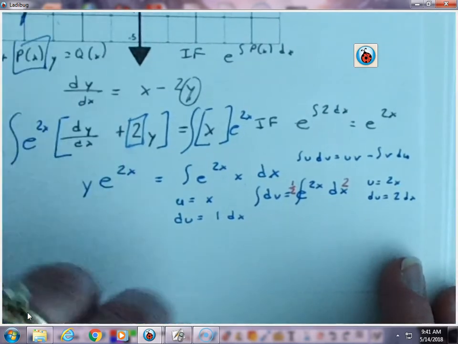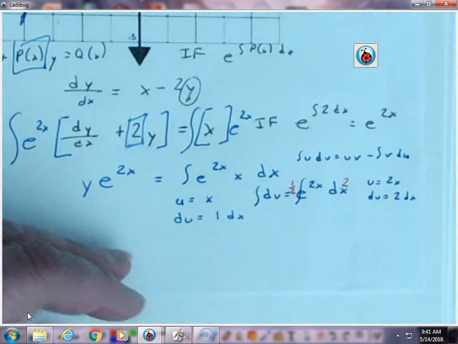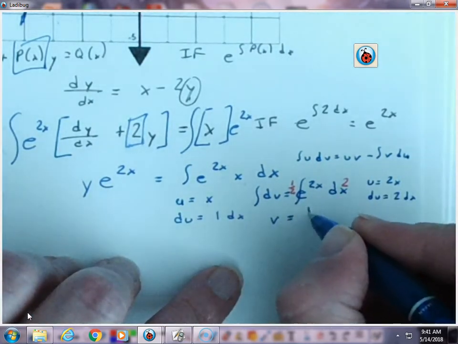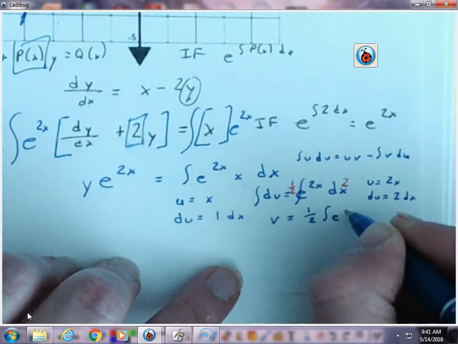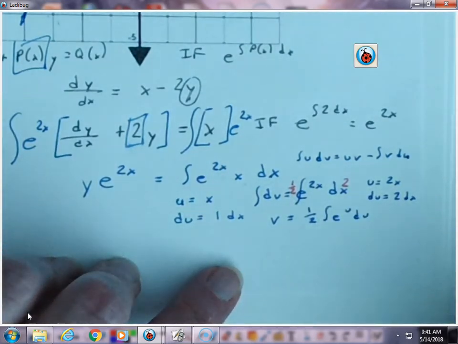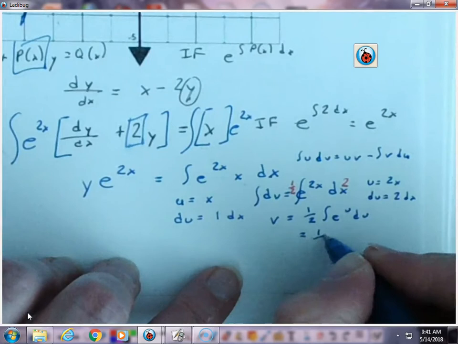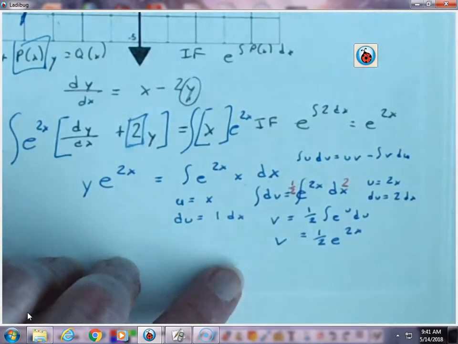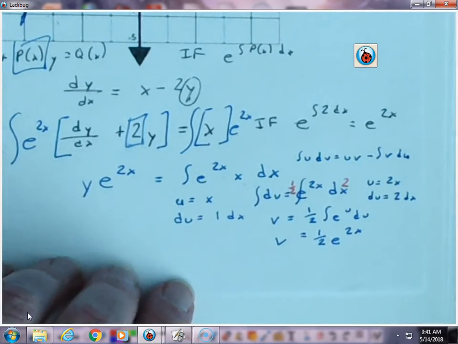Okay, so if you did that, it's basically 1/2 the integral of e to the u du, which is just 1/2 e to the 2x. You don't need the plus c.